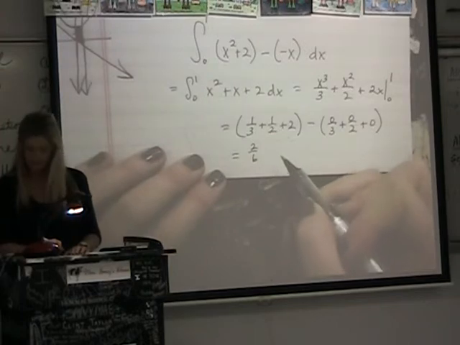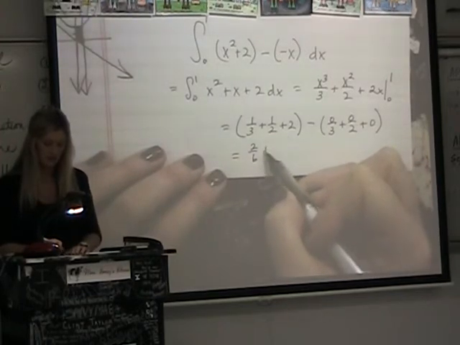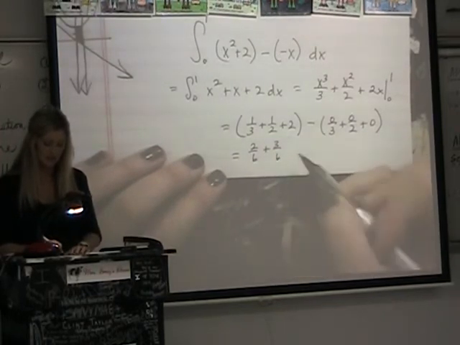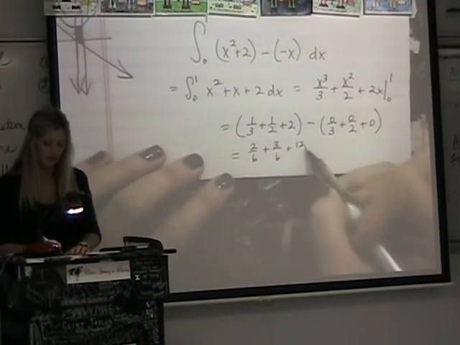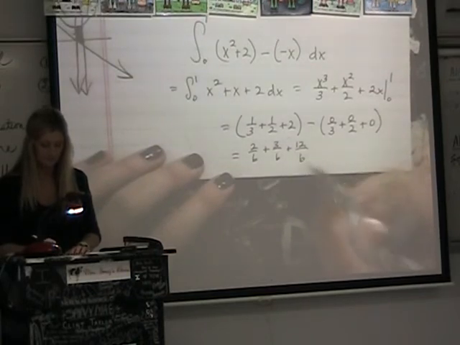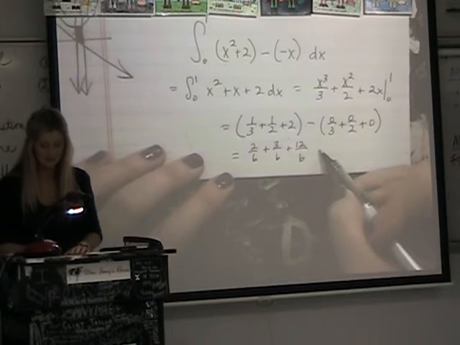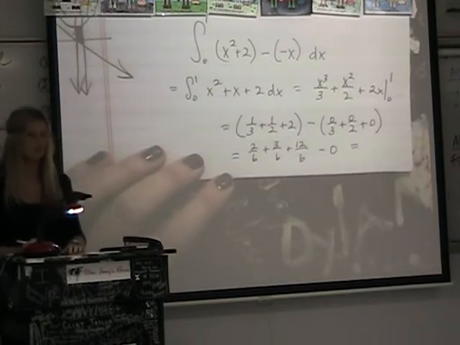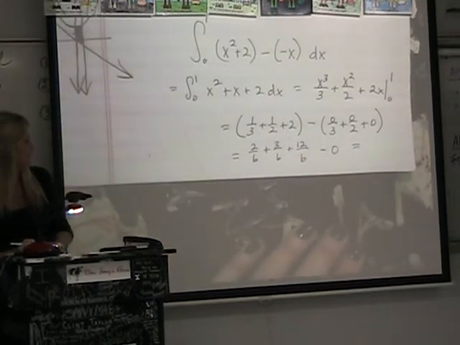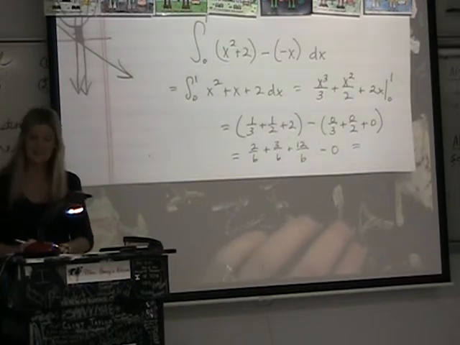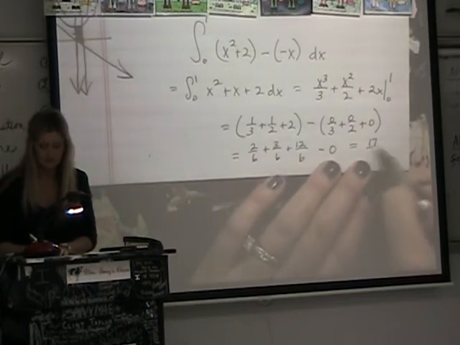So 2 over 6 plus 3 over 6 plus 12 over 6 minus 0 gives me what? 17 over 6? Yeah. Perfect.